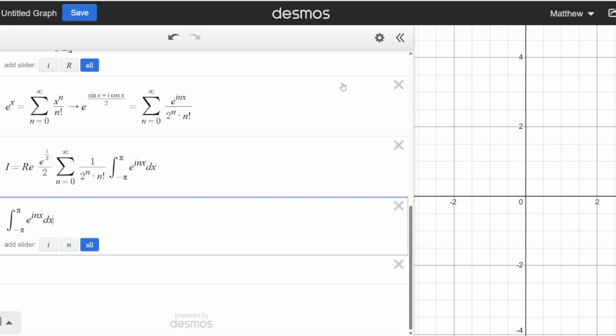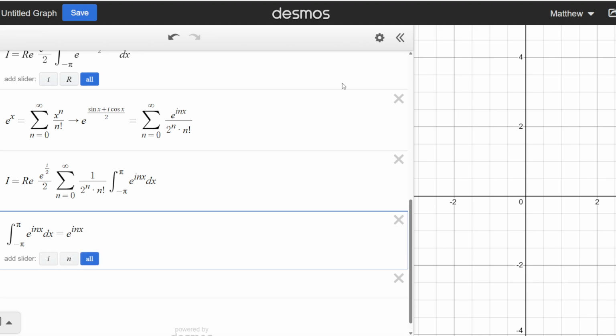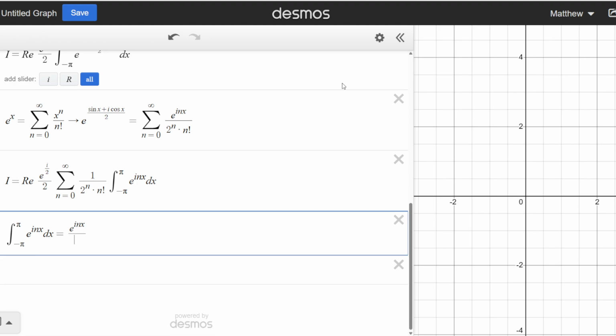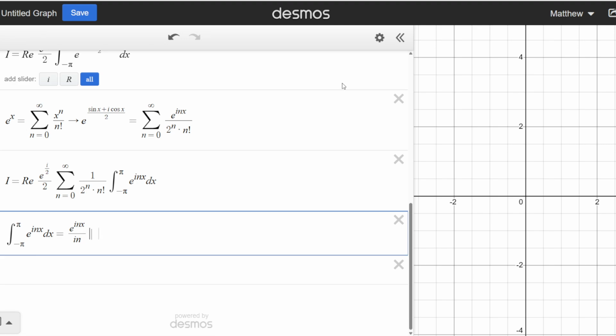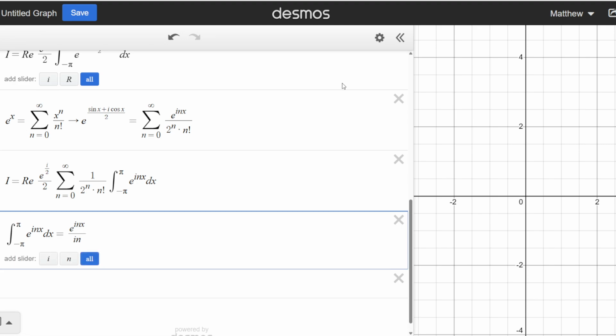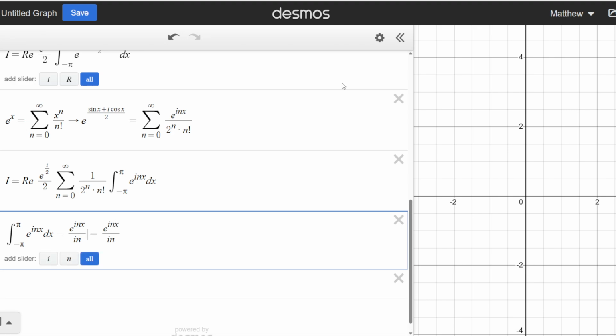So, this is just going to be e to the inx over in from pi to negative pi. So we'll just go ahead and plug in a pi.